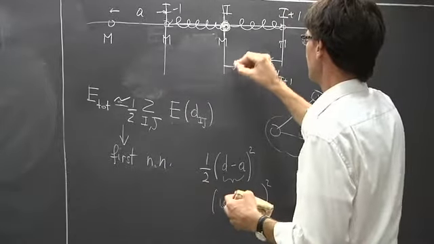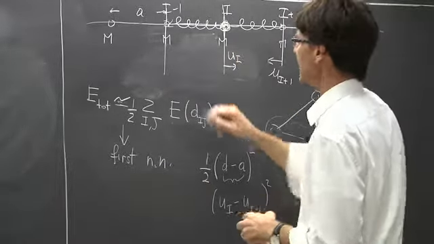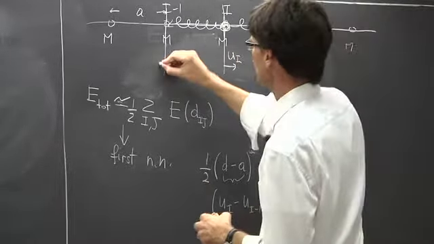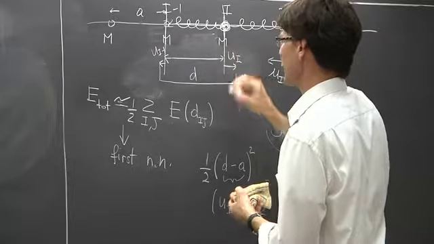Suppose I move, for example, this u_i in this direction, and this one, let me put different, u_{i-1}. What is the total length now of this? Well, not minus a. I have to calculate d minus, of course, the equilibrium distance, which is a.